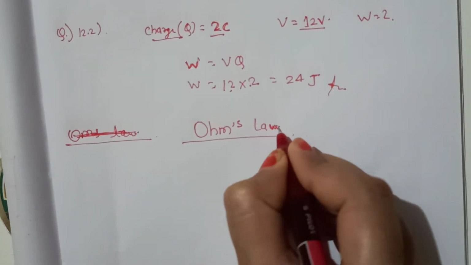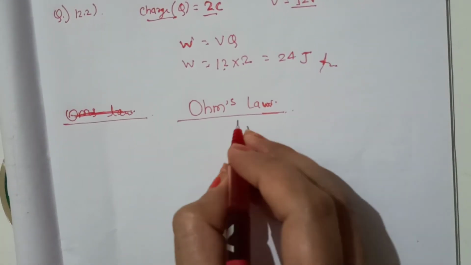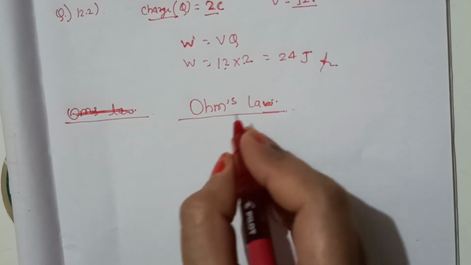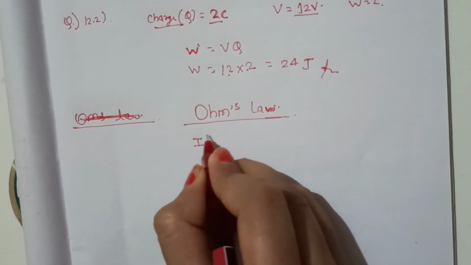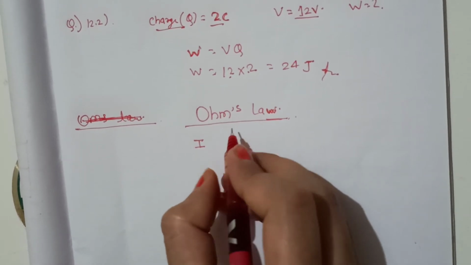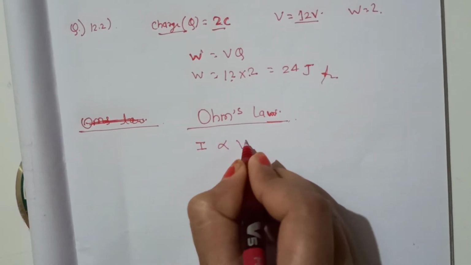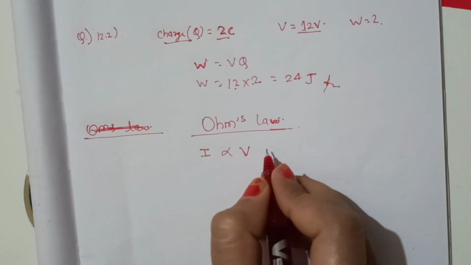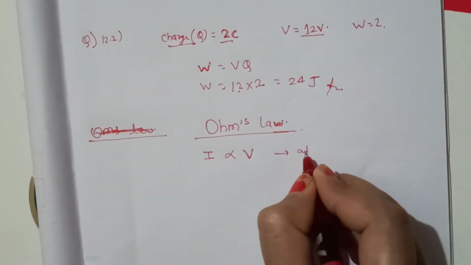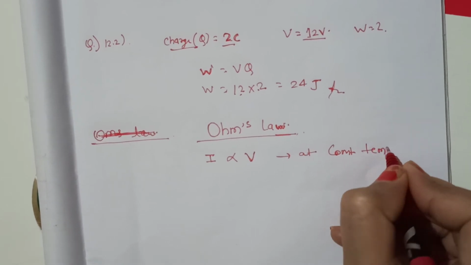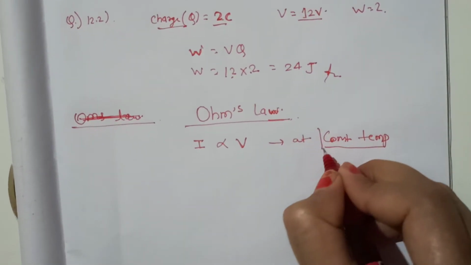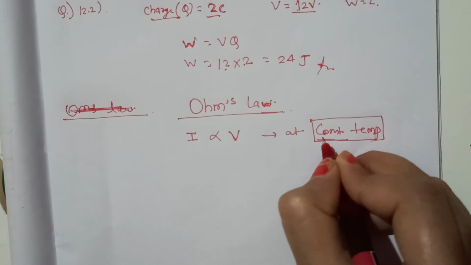So now we'll see Ohm's law. According to Ohm's law, current flowing through an electric wire is directly proportional to the potential difference across that wire at constant temperature. This is very important. You must mention the constant temperature factor.